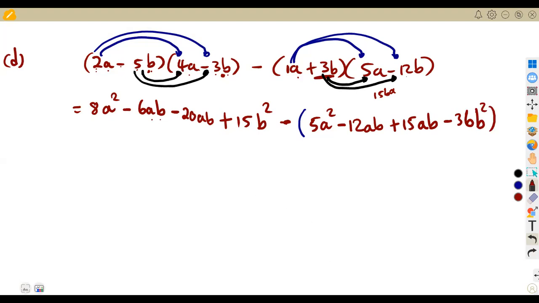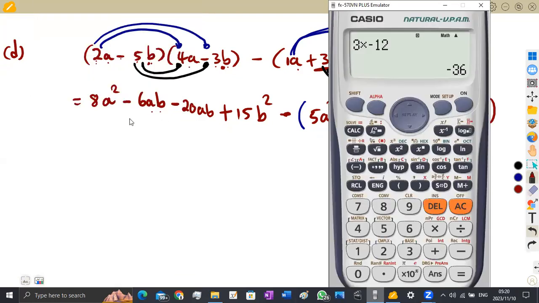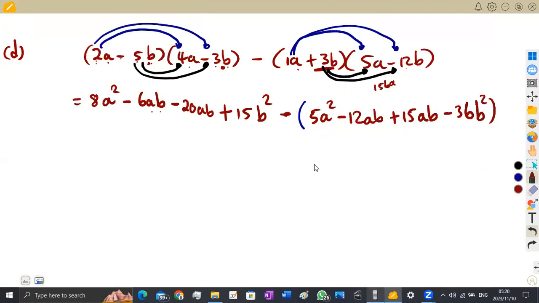Like I said, if you are doubting your multiplication, just use your calculator. This is 3 and negative 12. So I can just multiply 3 times negative 12 like this, which is negative 36. But I've also got b and b, which is going to give us b squared.